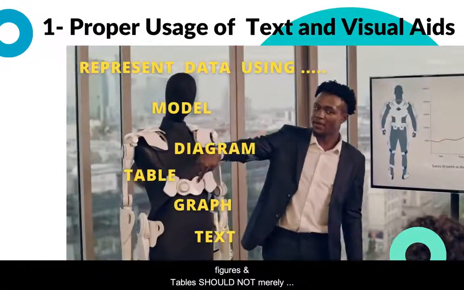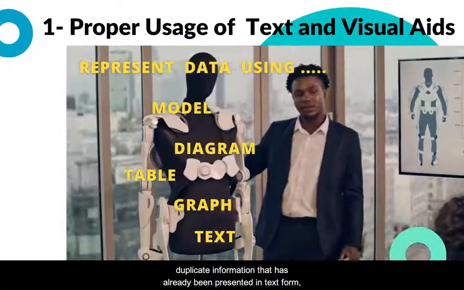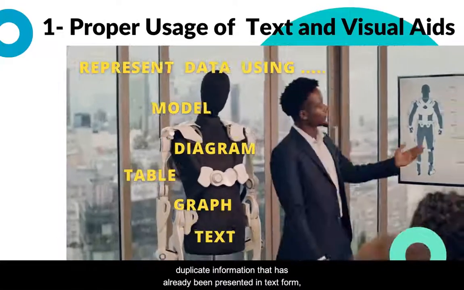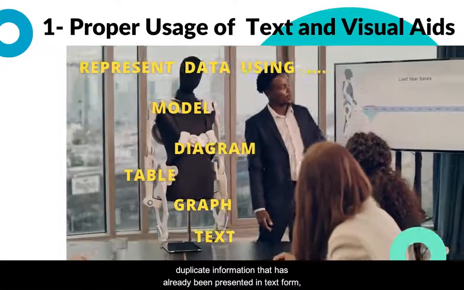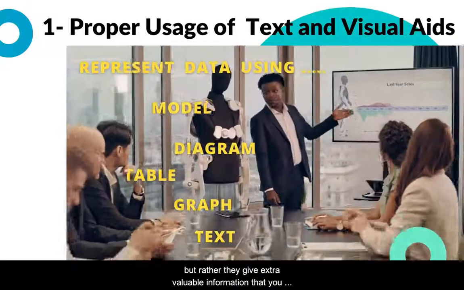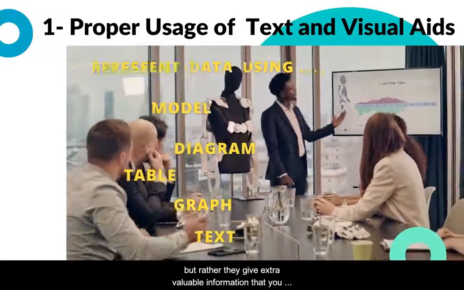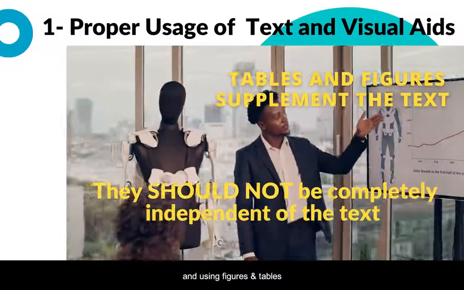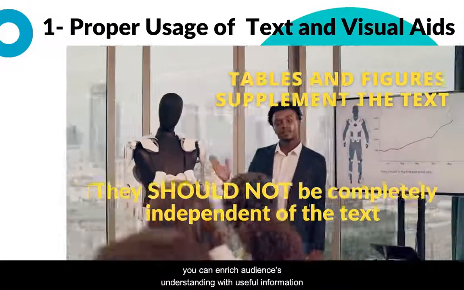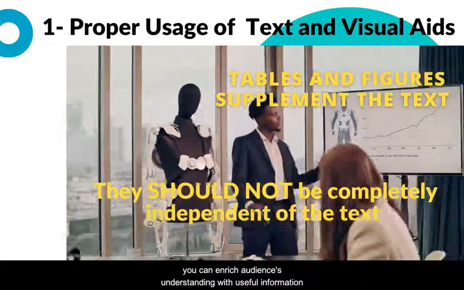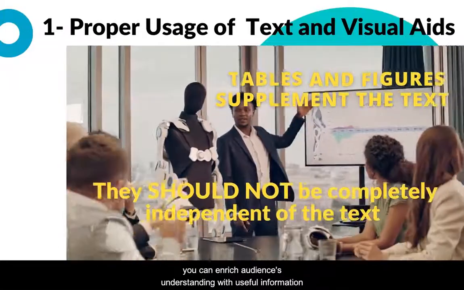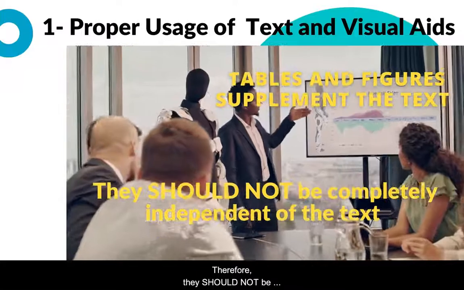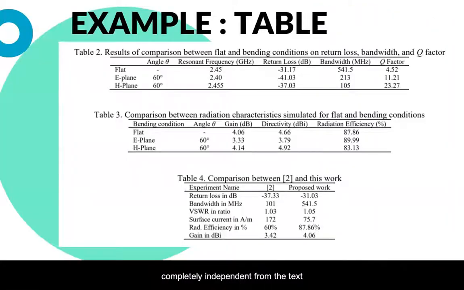Figures and tables should not merely duplicate information that has already been presented in text form, but rather they give extra valuable information that you wanted to tell your audience about. And using figures and tables, you can enrich audience understanding with useful information. Therefore, they should not be completely independent from the text.